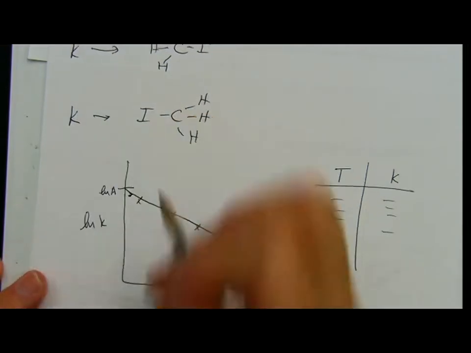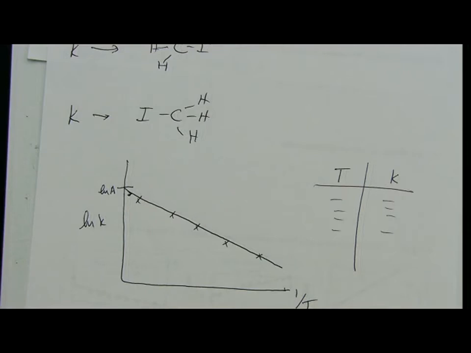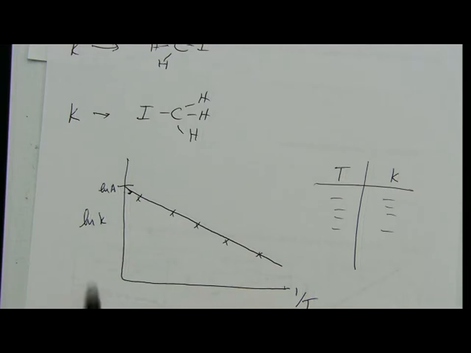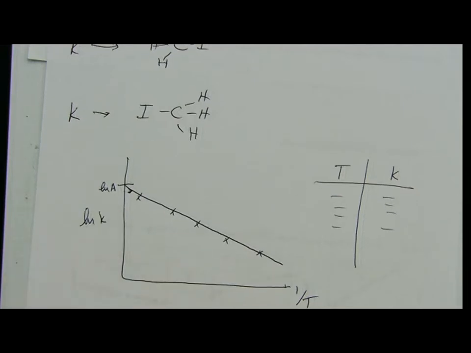So that's equal to log A. So if you make a plot like this, then you can determine for a chemical reaction what the frequency factor is. And if things are in the gas phase, since most collision rates are on the order of 10 to the 10th or so, if that turns out to be something like 10 to the 9th, then that means that 1 out of every 10 collisions collides with the right geometry, right?